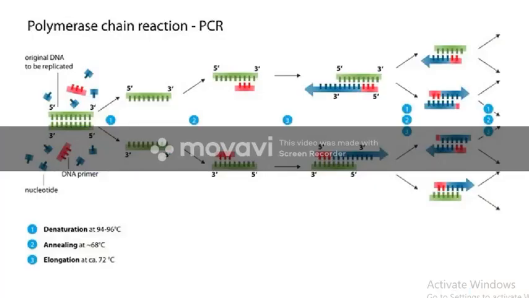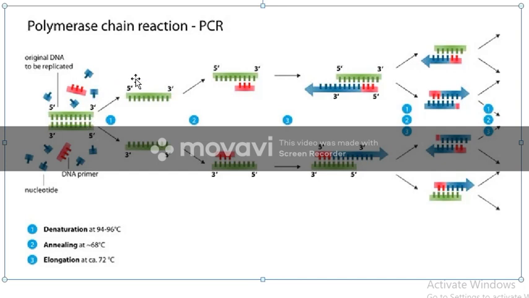So if you look at the overall polymerase chain reaction, we have the DNA template. The template has a 5' to 3' direction, and the anti-parallel strand is 3' to 5'. First, we go for the denaturation, where the temperature is around 95 degrees Celsius. The breaking of the hydrogen bonds happens by the temperature.